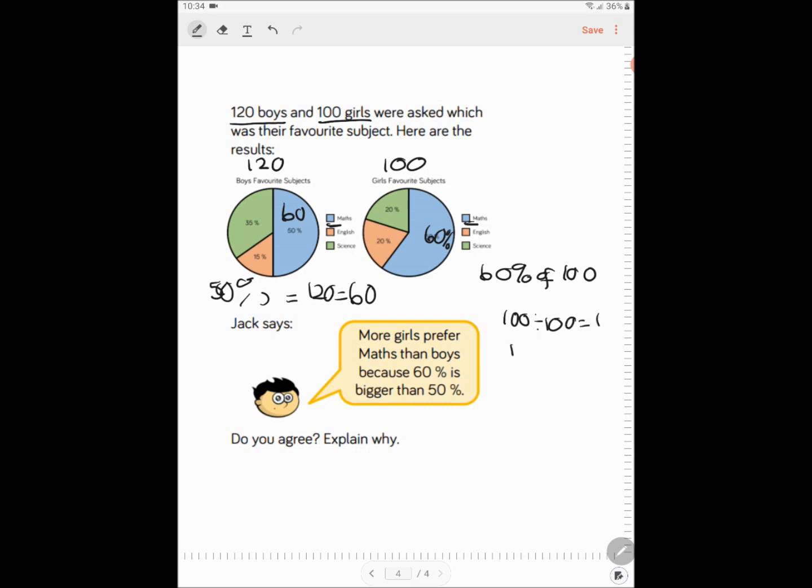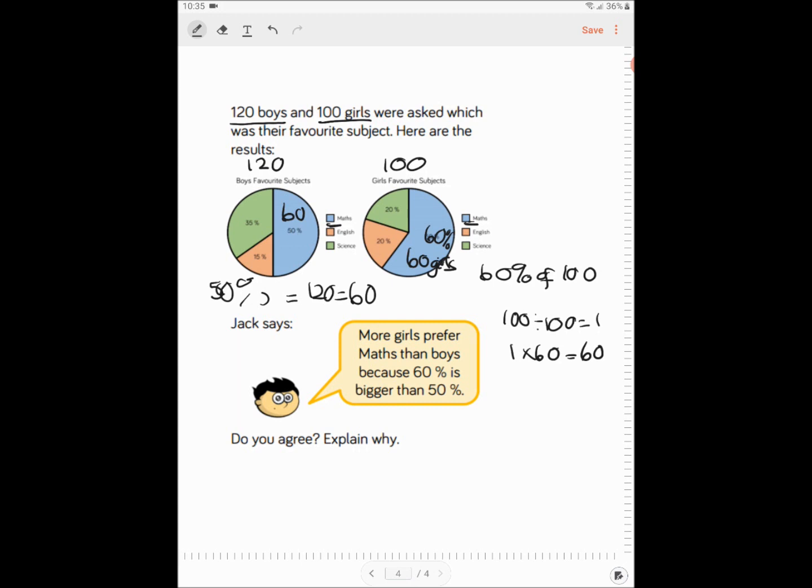And I'm going to do 1 multiplied by 60 equals 60. So actually, it's the same number of children. The difference is because the original survey was done on more boys than it was on girls. So the percentage of girls is higher, but the number of boys is the same as the girls.